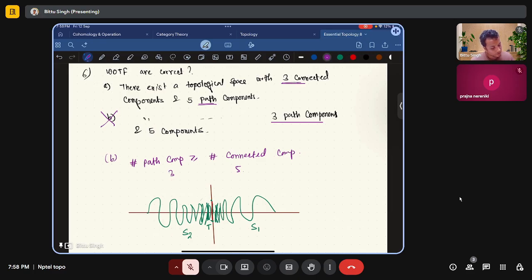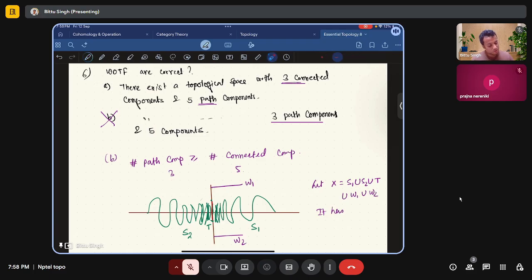Now we add another two lines, for example, this line and this line. So this is T, and now these are W1, W2. So let X equal S1 union S2 union T union W1 union W2.